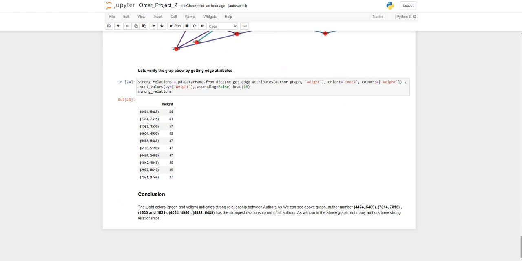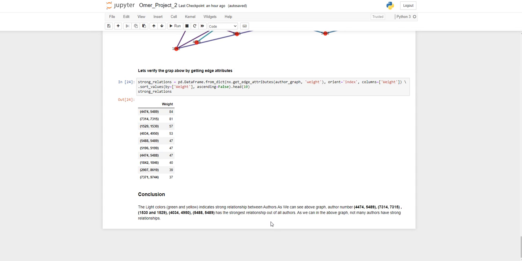As a conclusion, we can see in the graph above that author numbers 4474 and 5489, and so on, are the printed author numbers that have a strong relationship out of all the authors.